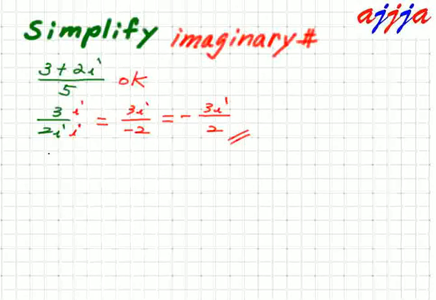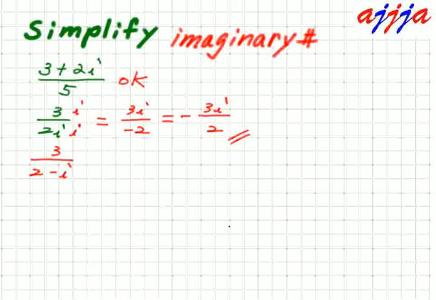So let's simplify something more than this. What about 3 over, let's say, 2 minus i? Let's clean this one. You remember talking about the conjugate of 2 minus i.